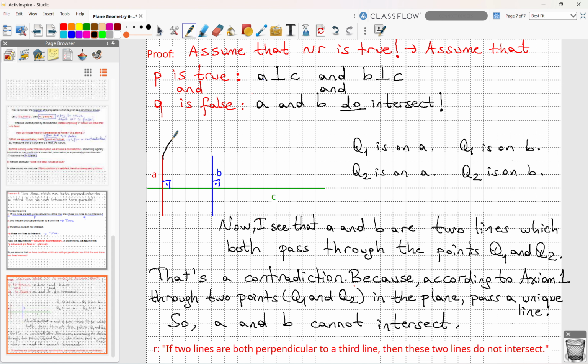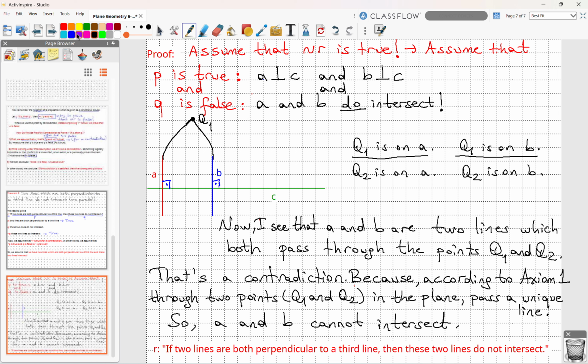Let's say that line A and line B are intersecting at a point like Q1 here. So Q1 is a point on A, and Q1 is also a point on B, because it's the intersection point of these two lines.